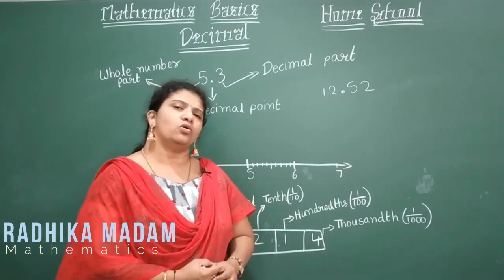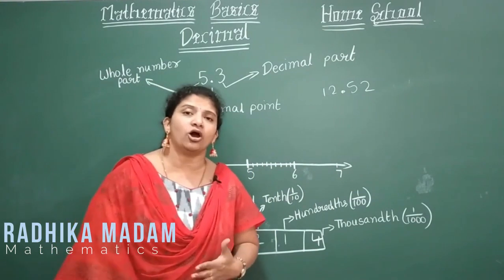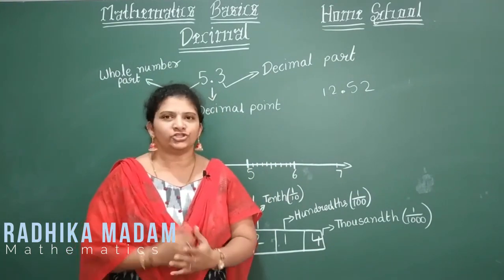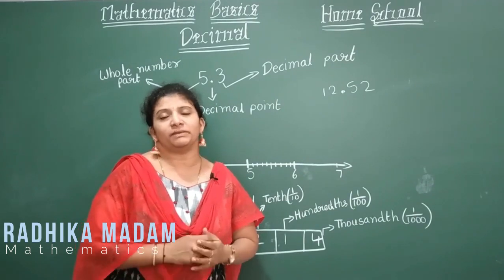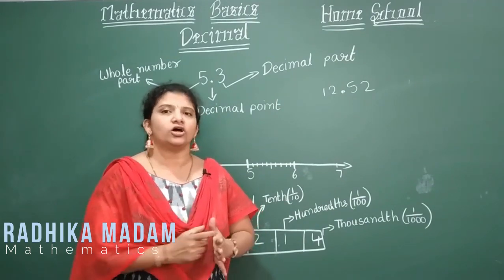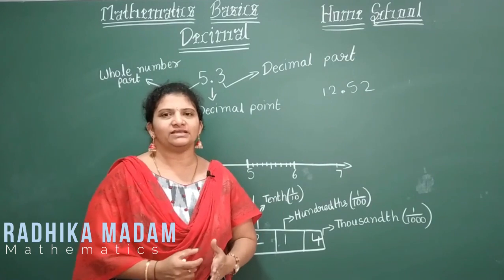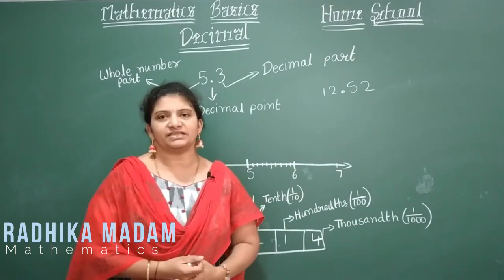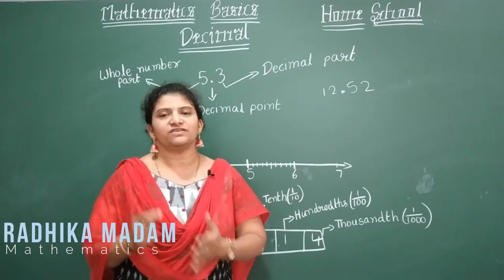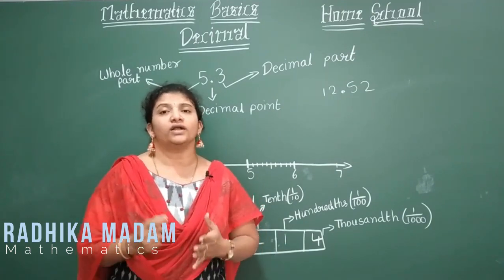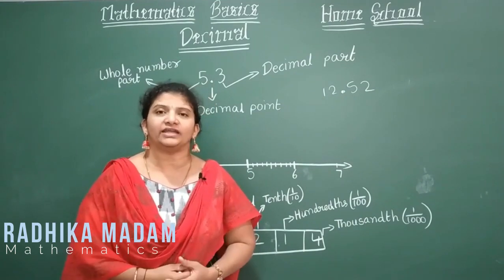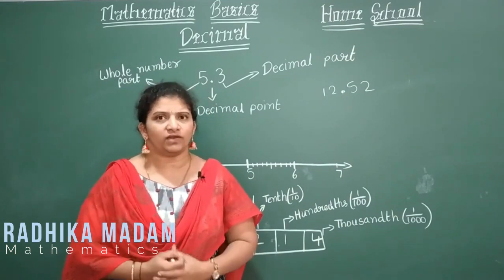12.52. So, where do we come across decimals in our daily life? Okay, you go to a shop. The shopkeeper says that the cost of so and so is 50 rupees 75 paise or 12 rupees 50 paise. So, what is this 12 rupees 50 paise, children? How do you write it? 12.50 you will write?